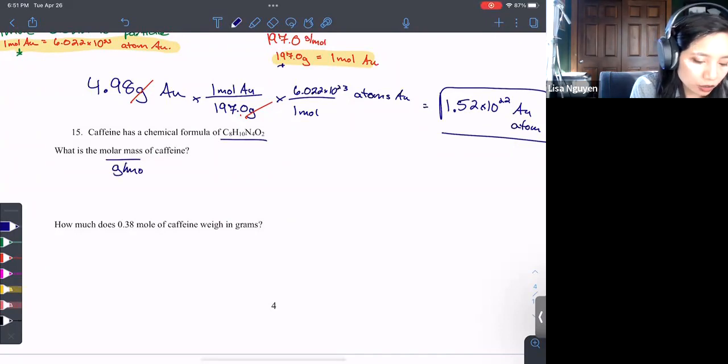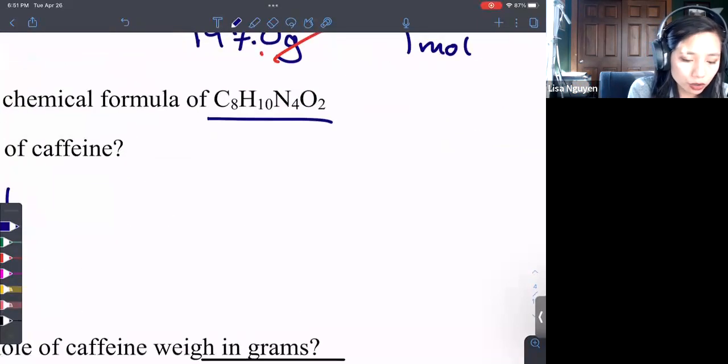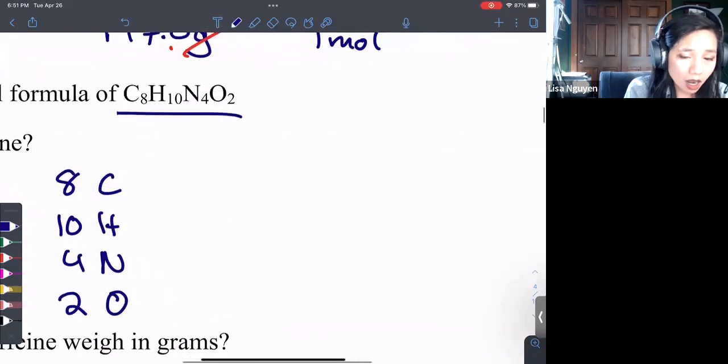Know that that has a unit of grams per mole. And so you just look off of the periodic table and add up all of the molar masses of the individual atoms there. So you'll do 8 carbons, 10 hydrogens, 4 nitrogens, and 2 oxygens, times the molar masses of all of those. So you can see the work that I did there.